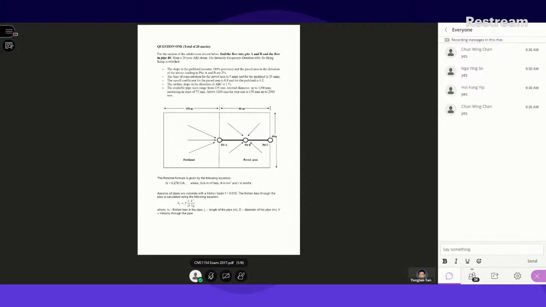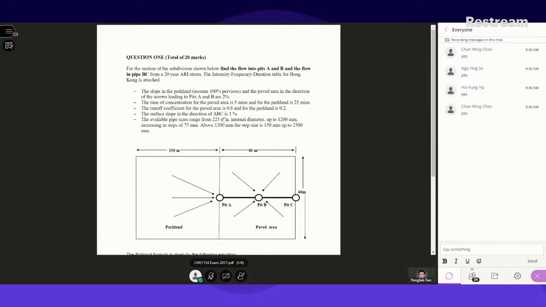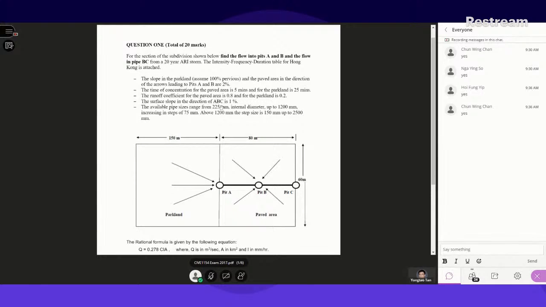For this question, you need to find the flow into pit A and pit B. You can see there are two sub-catchments. One is the parkland, and one is the paved area.